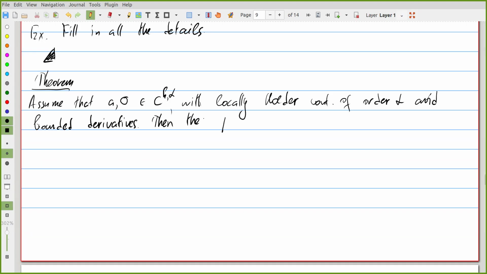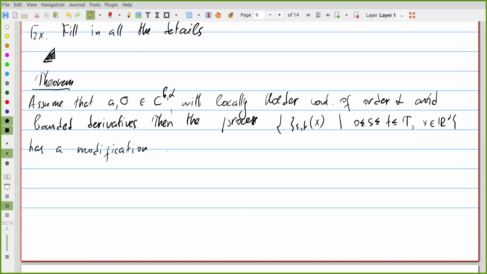Then the process ψ_st(x) again has a modification such that with probability 1 ψ_st is locally Hölder continuous of any order β less than α, and the corresponding SDEs can be obtained by formal differentiation of coefficients in the original SDE.